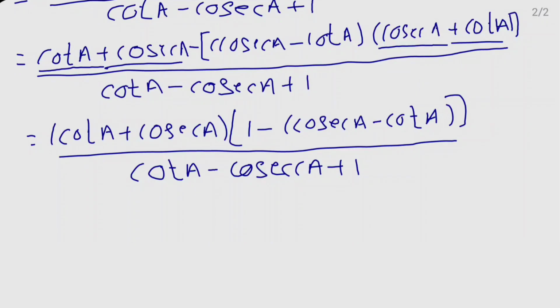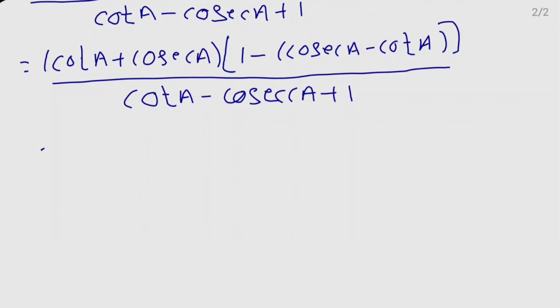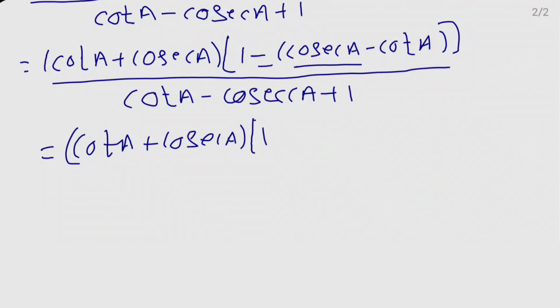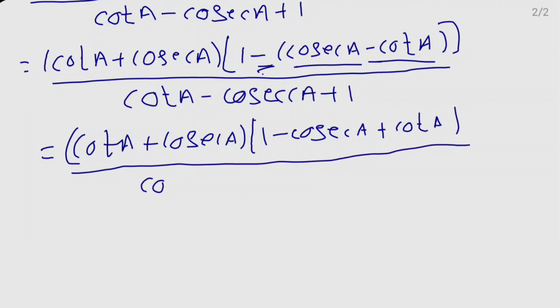And now here cot A plus cosec A as it is, and in the bracket 1 minus into cosec A becomes minus cosec A, and minus into minus cot A becomes plus cot A, and this divided by cot A minus cosec A plus 1.